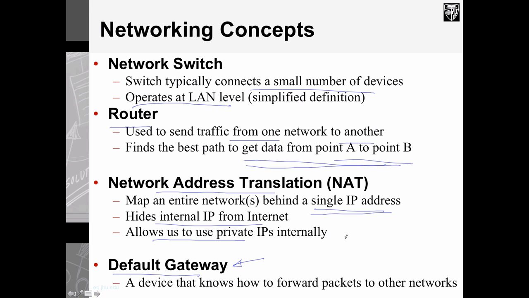One rule says if you want to talk within the network, you don't need to talk to the default gateway, the traffic can stay within. But if you want to go outside to the internet, or if you want to talk to another network, then you send the traffic to this IP address or this gateway, and that knows how to send the packets to other networks. So these are some of the concepts that we'll deal with when you're designing services in cloud.